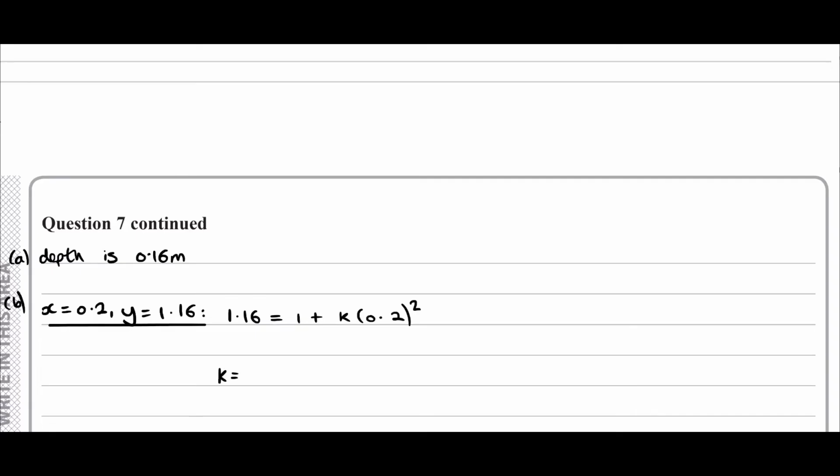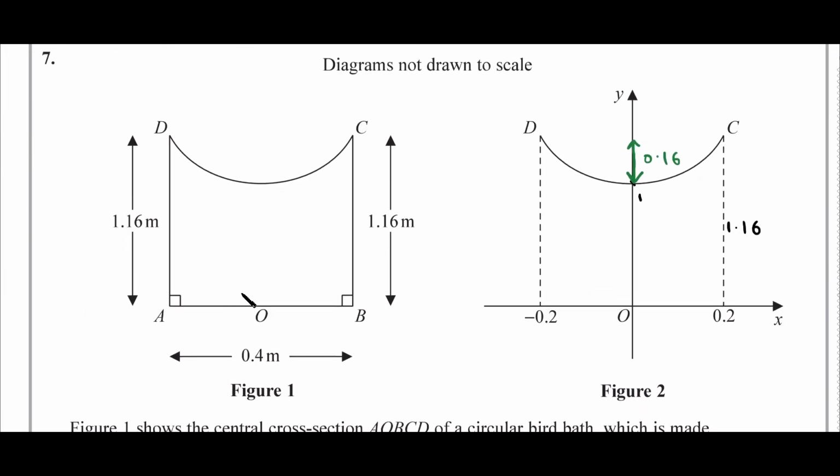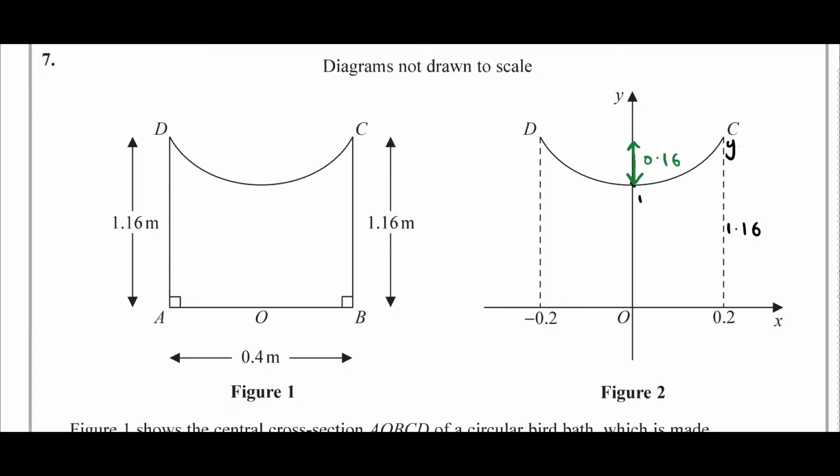We can find the value of k: that's 1.16 minus 1 divided by 0.2 squared, the result of which is 4. Therefore we can conclude y equals 1 plus 4x squared.